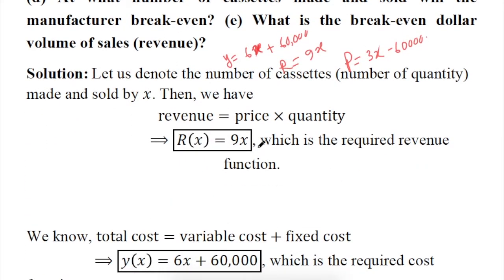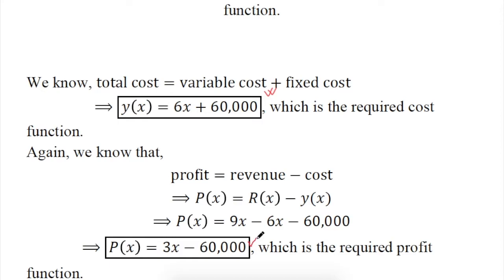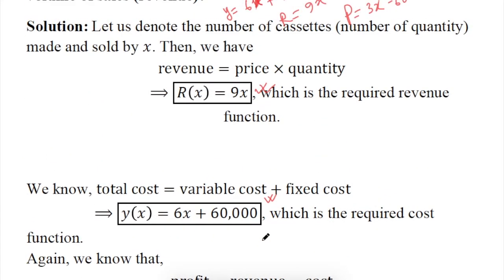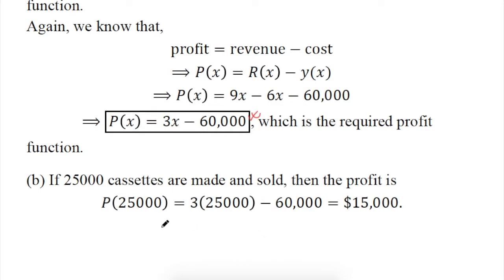We know the revenue function, we have calculated already, and this is the cost function, and the profit function will be this 3x minus 60,000.